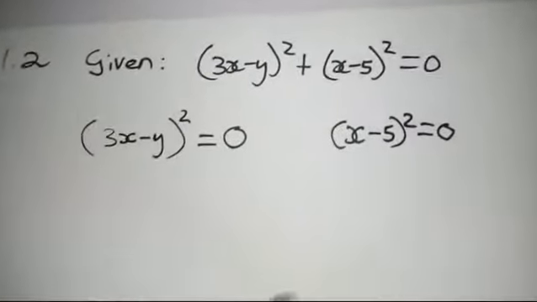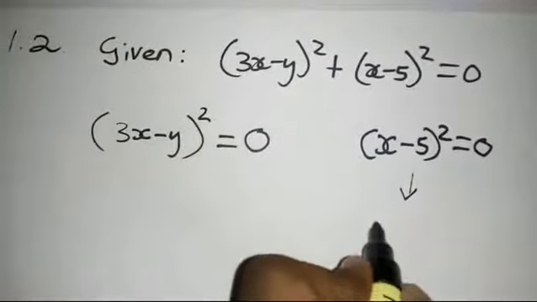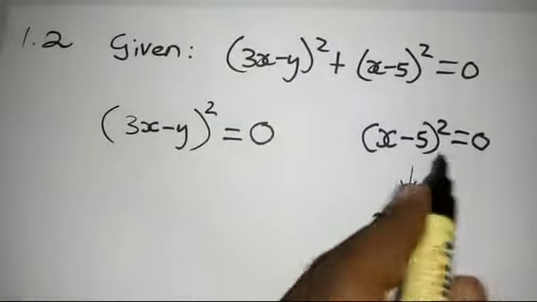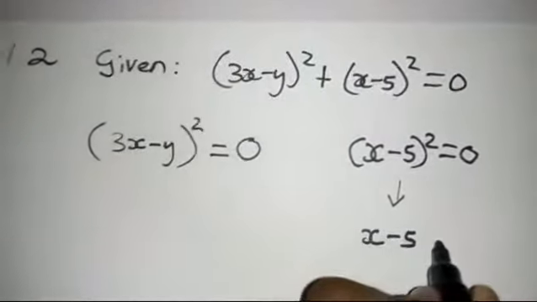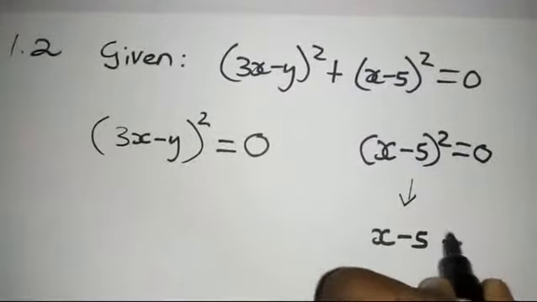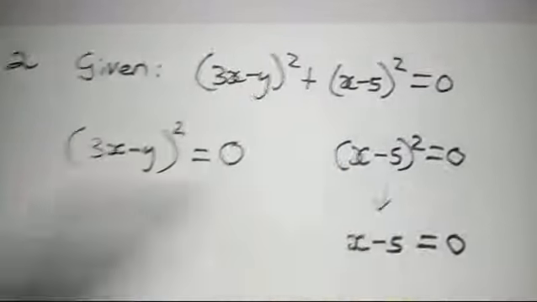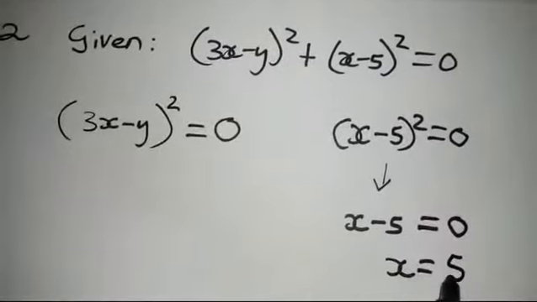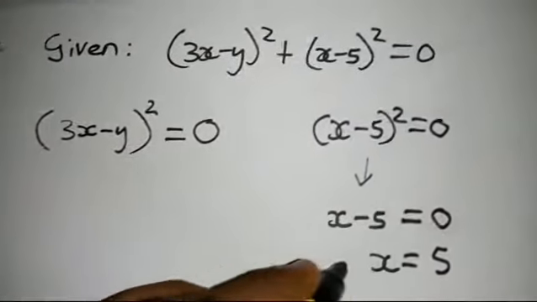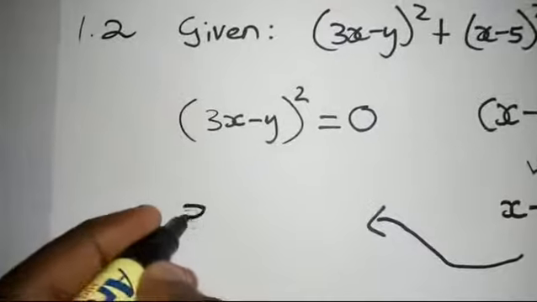Then we solve these individually. Let's start with this one. We put a square root on both sides, then we have x minus 5 is equals to 0, because when you put a square root on 0, you still get 0. Okay, so x is equals to 5. Then when you take this 5 and substitute it on this other side, it becomes like this.